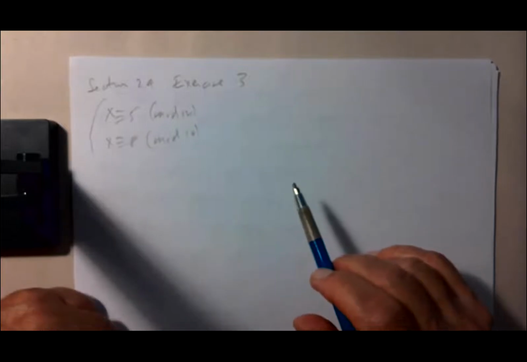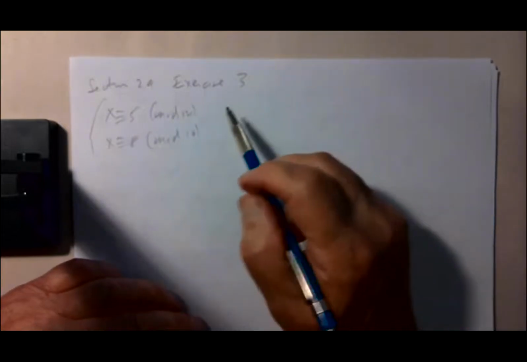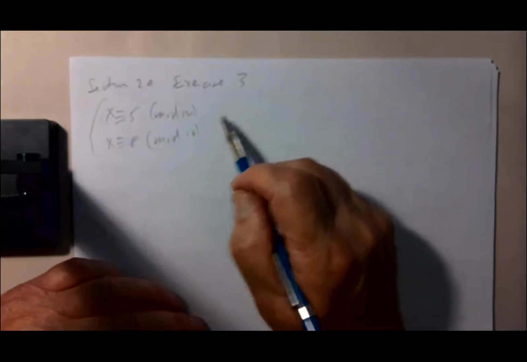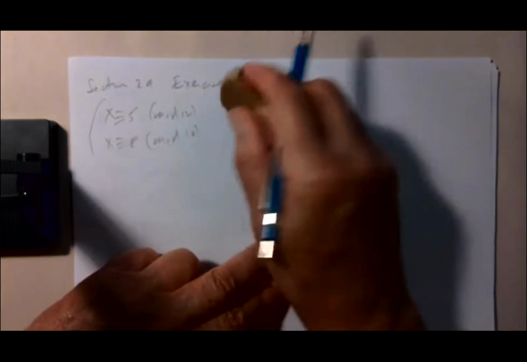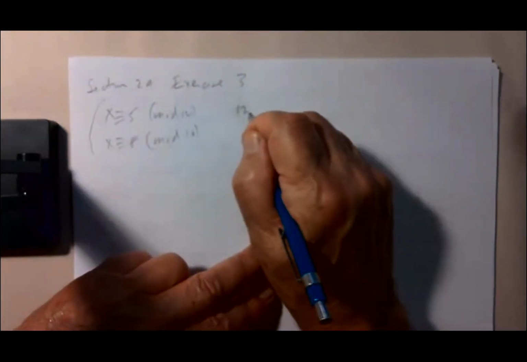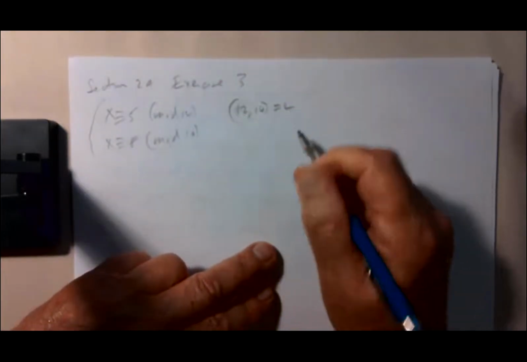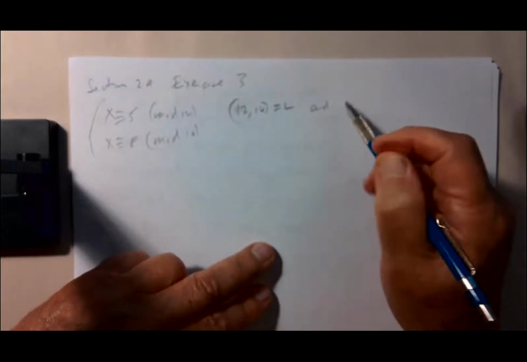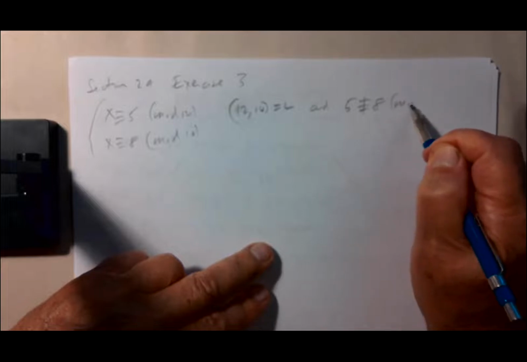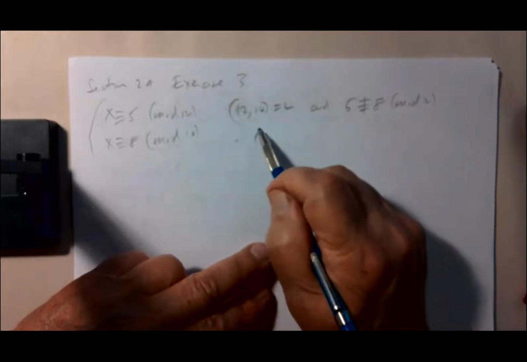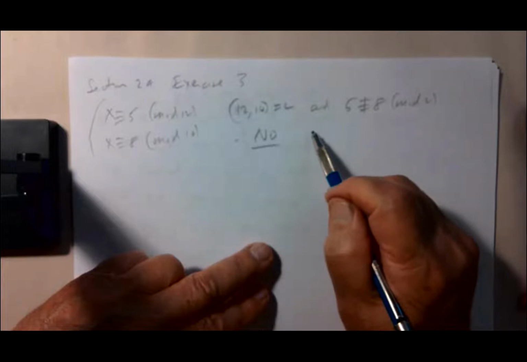Is there a solution? And if there is, find them all. Well, notice that the greatest common divisor of the moduli is 2. And 5 is not congruent to 8 modulo 2. Therefore, there's no solution.